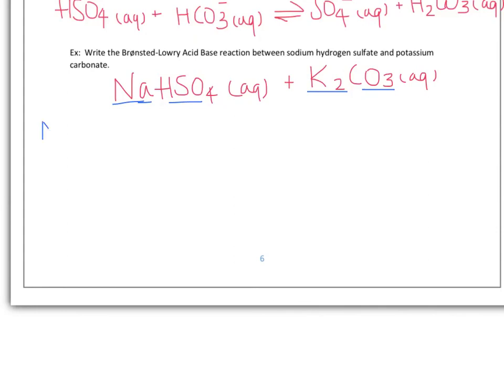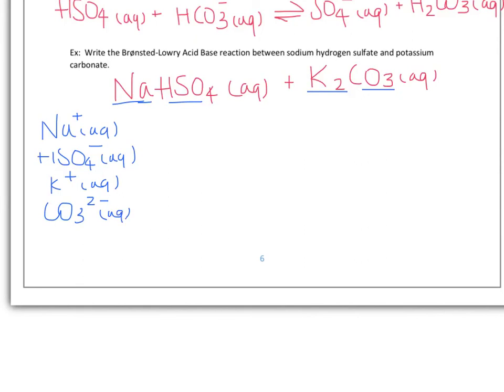So we actually have Na positive, HSO4 negative again, K positive, and CO3 2 negative. And remember, for every example where we predict Bronsted-Lowry acid-base reactions, since they're taking place in aqueous environment, we also need to consider the presence of water.